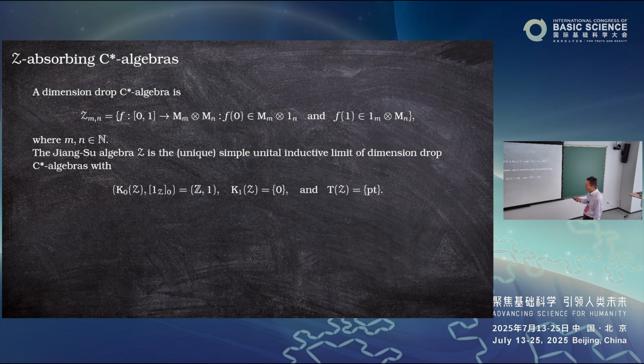So you can make it happen. It's not very straightforward, but you can make it happen. And actually, if you look at such an inductive limit, it's unique. No matter which way you choose to get this inductive limit, they are always isomorphic. And this algebra is called the Jiang-Su algebra, by Xinhui Jiang and Hongbing Su.